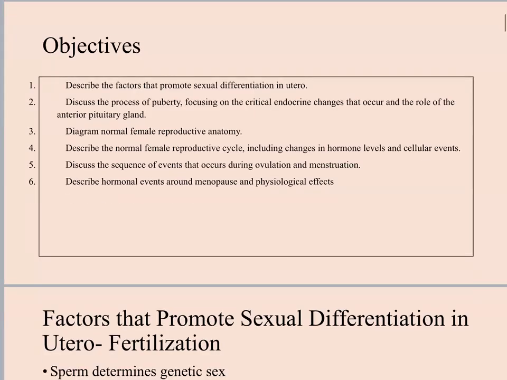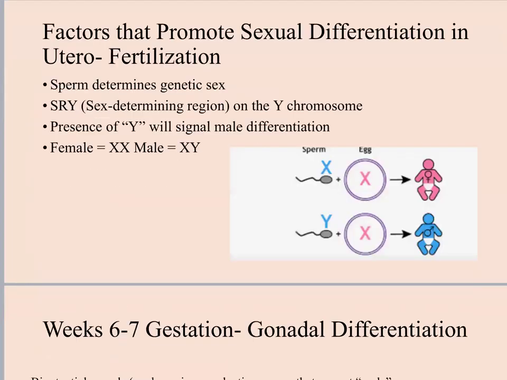So, when a baby is conceived, we get one copy of DNA from the mom, one from the dad. And you probably have heard this, but it is the sperm that determines the genetic sex.